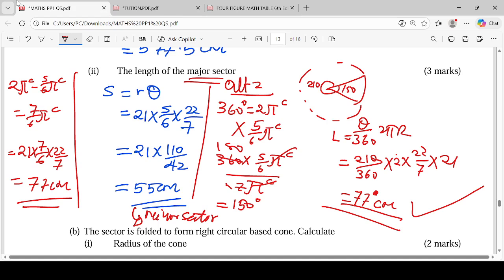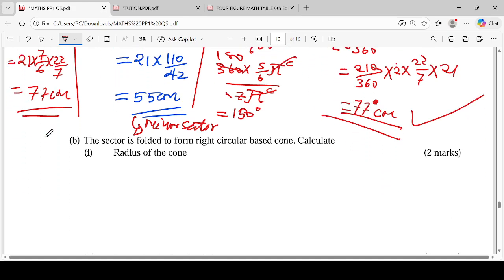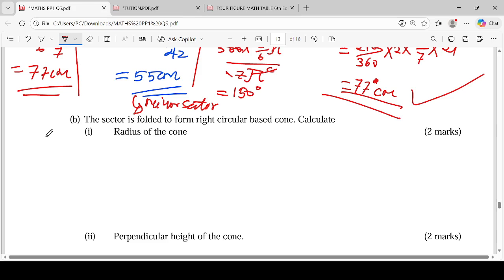Allow me to take you now to question number B. The sector is folded to form a right circular cone. Calculate the radius of the cone. So what you need to know is that the length of the sector becomes the circumference. So the length of the sector, which is a minor sector, is 55. So that 55 should be equal to 2 pi r.